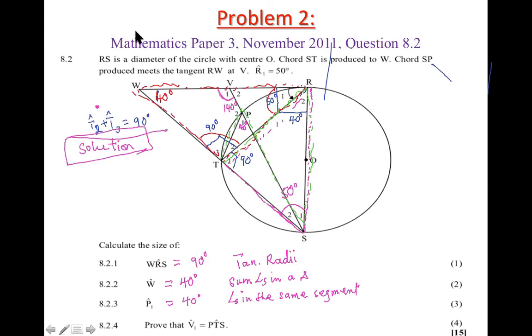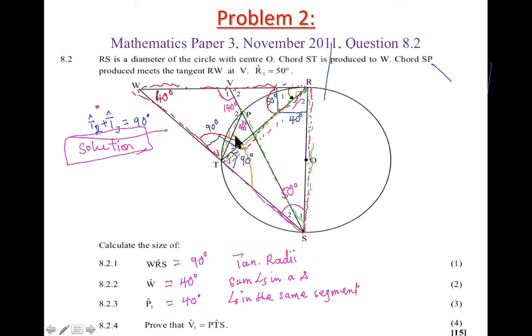And this is angle V1, then we have angle PTS, where this is P, this is T, this is S. So the whole of, let me just try to put something there. PTS, right? PTS.